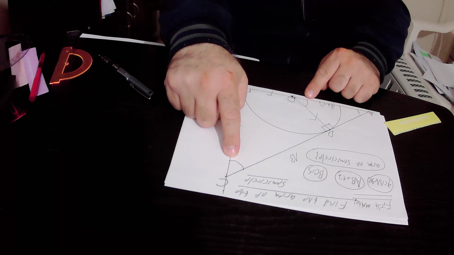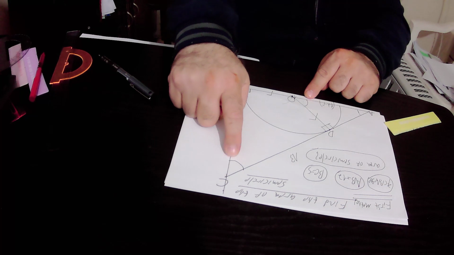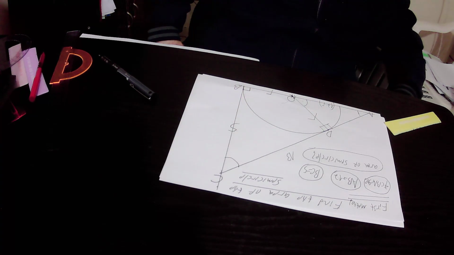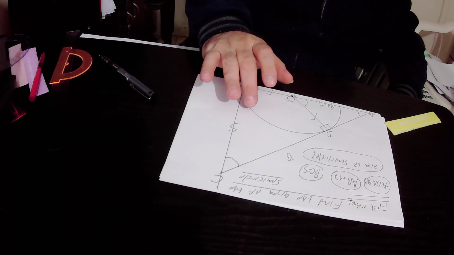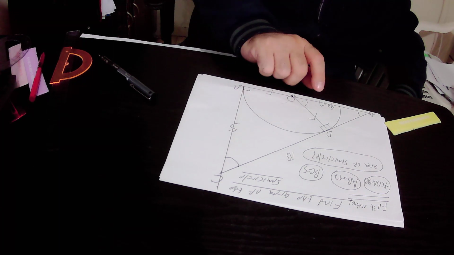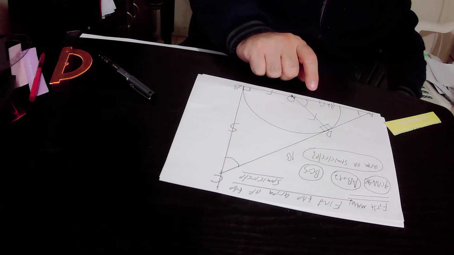That is to say, those two angles must also be congruent to each other. So we actually proved that all the angles of the big triangle ABC are congruent to all the angles of triangle ADO.